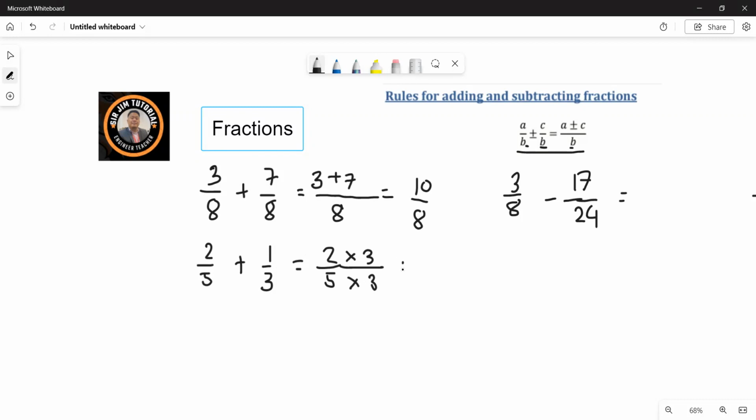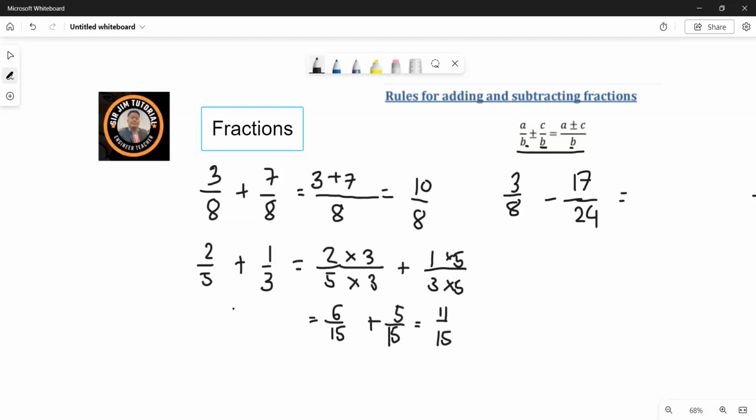Then 1 over 5, multiply by 3, multiply by 3. So this gives you 2 times 5 is 10 and then 15, plus 1 times 3 is 3 and then 15. So you have 10 plus 3 is 13 over 15.